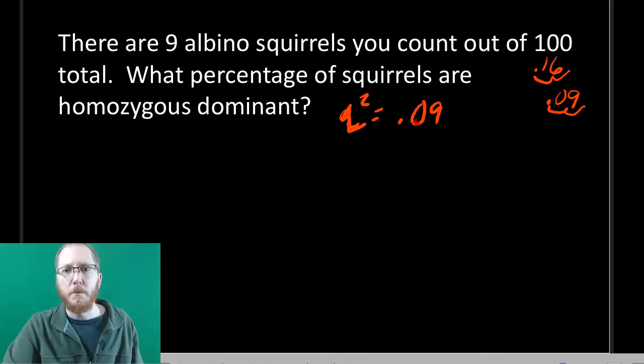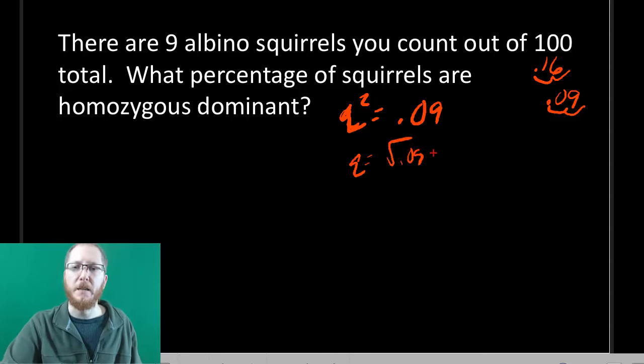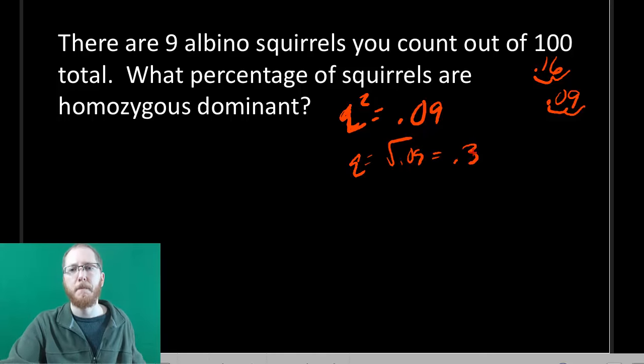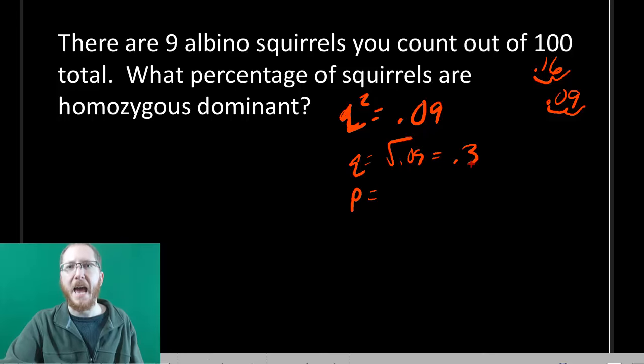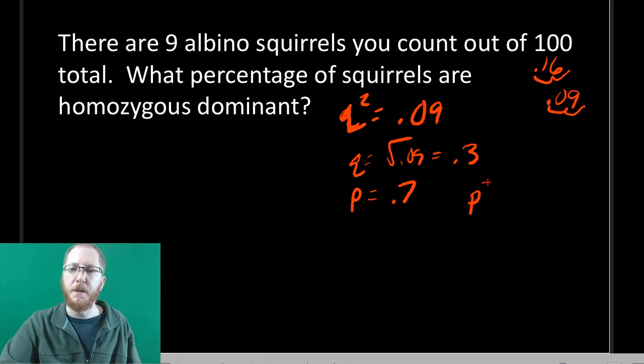So now I know q squared. So q is just going to be the square root of 0.09, which will be 0.3. Once I know that, I can get p very easily because it just has to add up to 1. So 0.3 plus what equals 1. I'm going to do this in my head because it's so simple, 0.7. And so if I want to know homozygous dominant now, homozygous dominant is p squared.